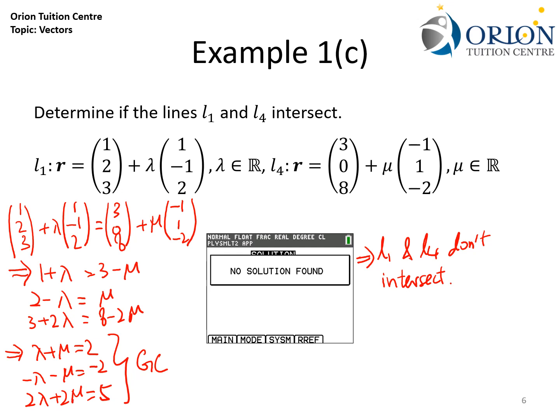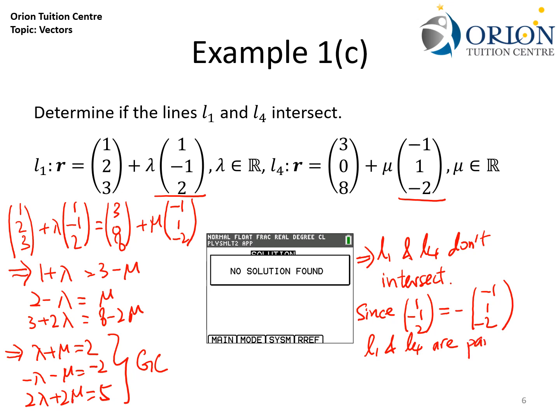Either they are parallel or they are skew lines. So now we have to compare the two direction vectors, and we see that since (1, -1, 2) equals the negative of (-1, 1, -2), L1 and L4 are parallel lines.